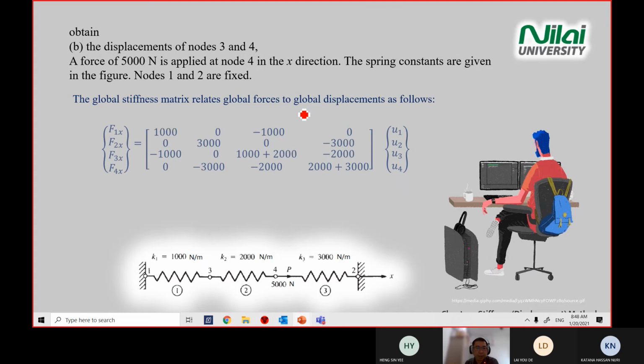Okay. Now, we're going to write the general equation we have: F equal to KD.